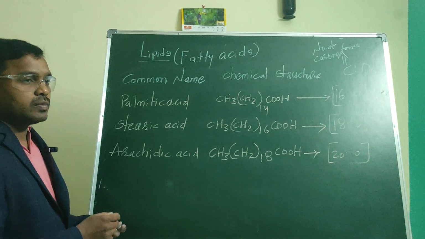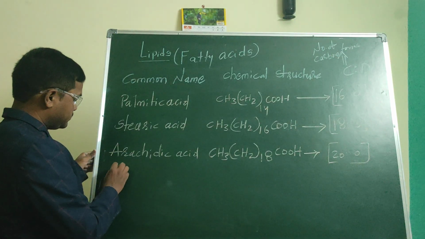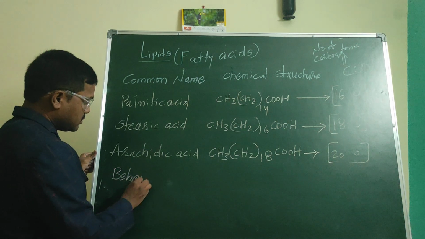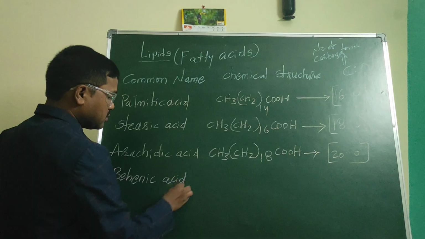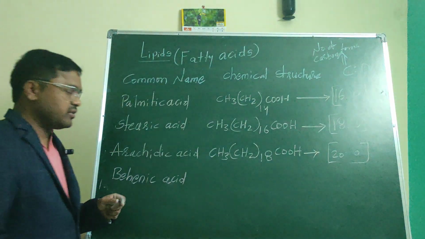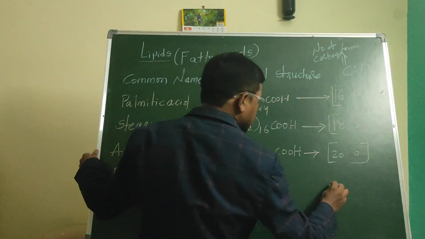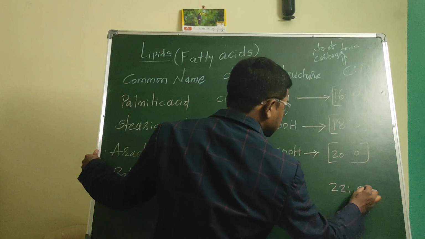Next, behenic acid. In behenic acid, number of carbon atoms is 22. The number of double bonds is 0.